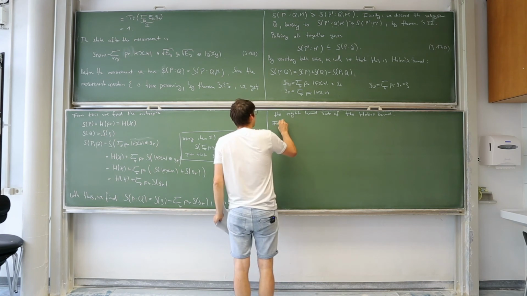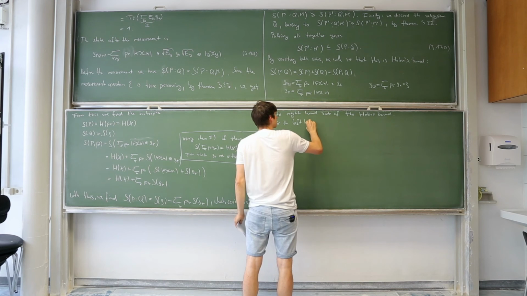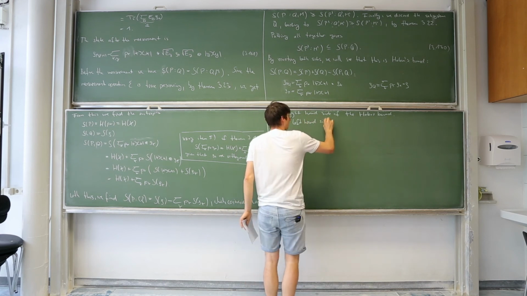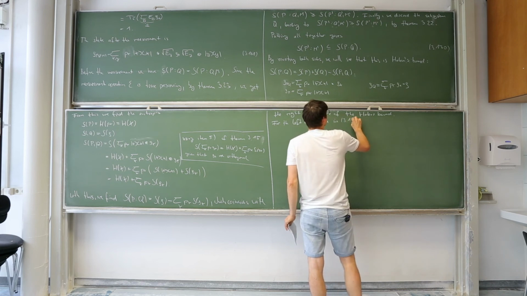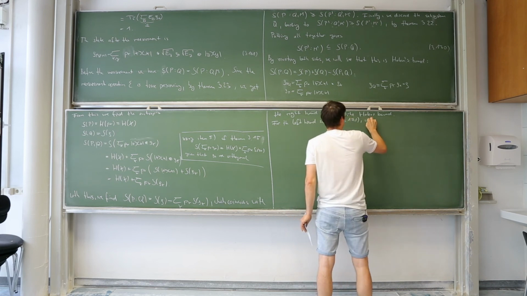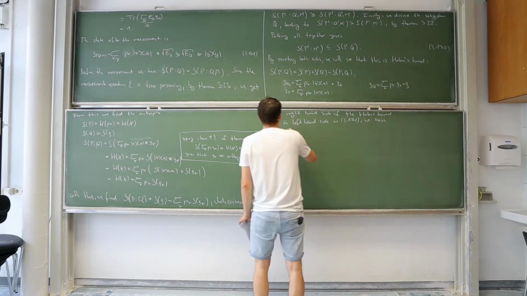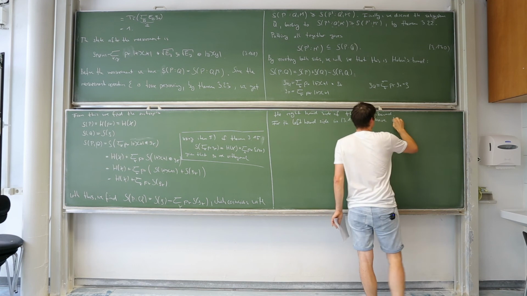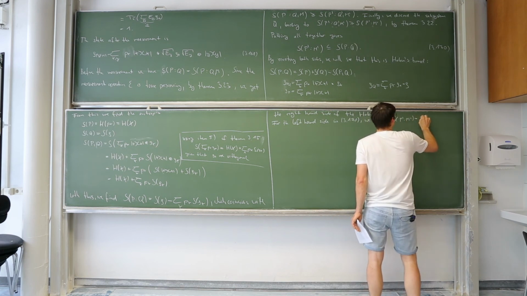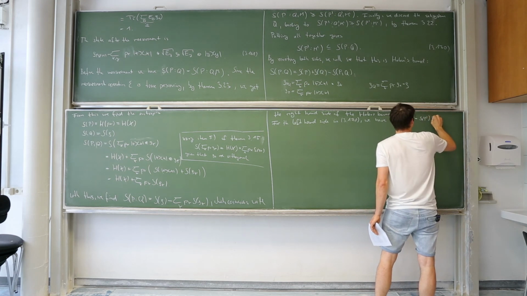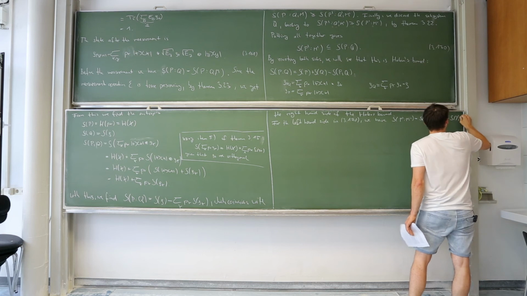So for the left-hand side, in 3170, we have the following, namely that S of P prime M prime is equal S of P prime plus S of M prime minus S of P prime M prime.